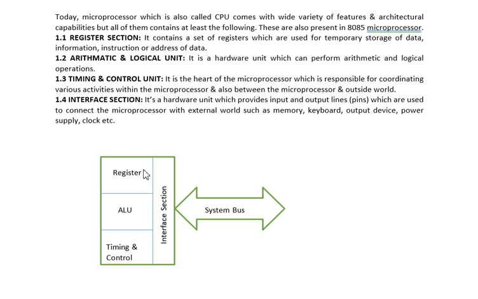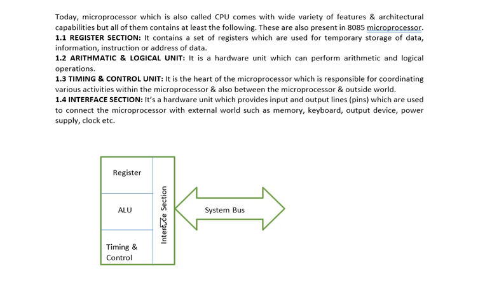So first we need to know about all of this together as shown here. What is inside a microprocessor or CPU? The register section is there, the ALU is there, the timing and control unit is there, and the interface section is there. All together this makes a CPU. All CPUs contain this, and the 8085 has this. This interface section provides communication lines to connect with the outside world, to connect with the memory, keyboard, output device, input device, clock, power supply, etc. Together this is called the system bus.